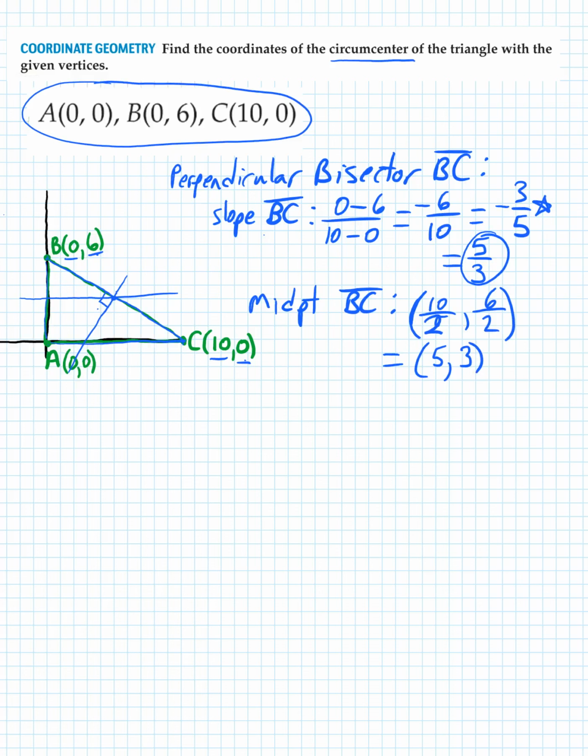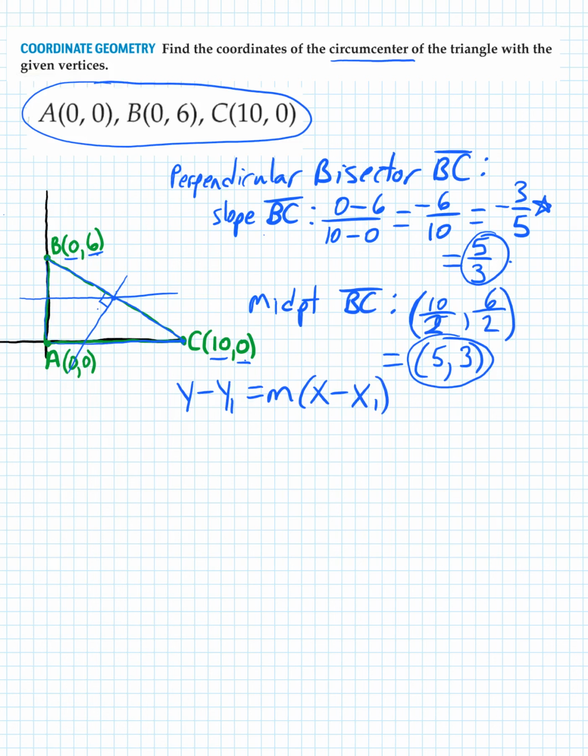So we found our slope, and we have a point that line goes through. So I can now write the equation of this perpendicular bisector using point-slope form. Point-slope form is y minus y1 equals m times x minus x1.